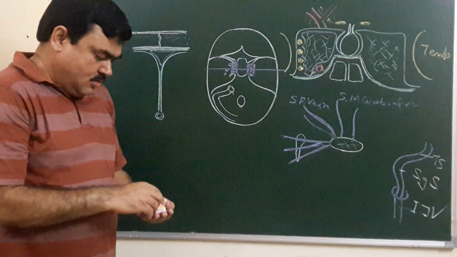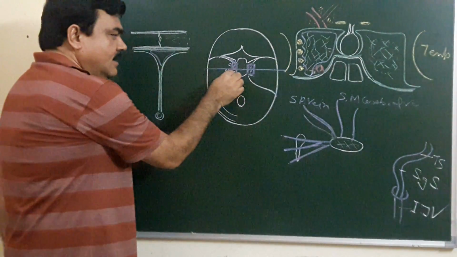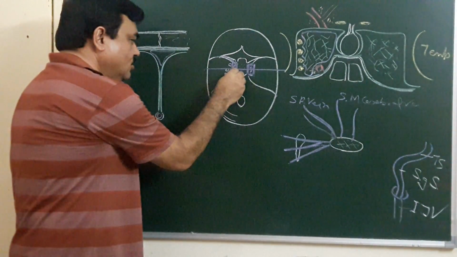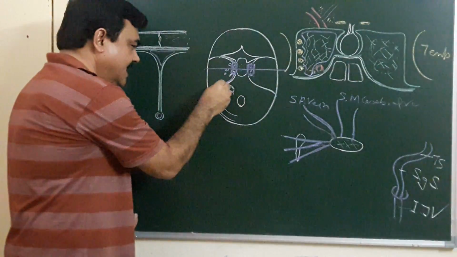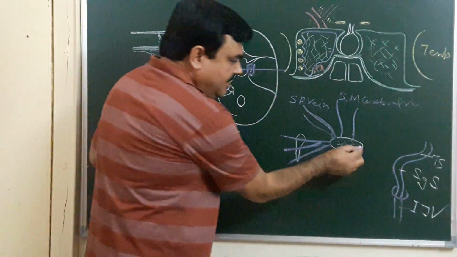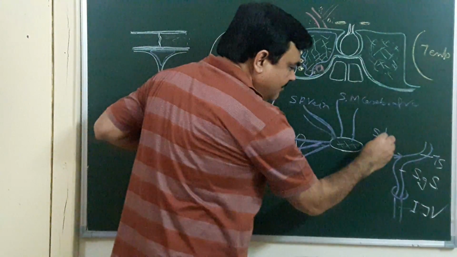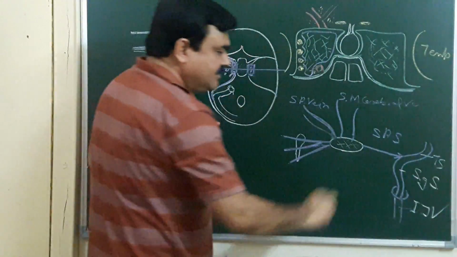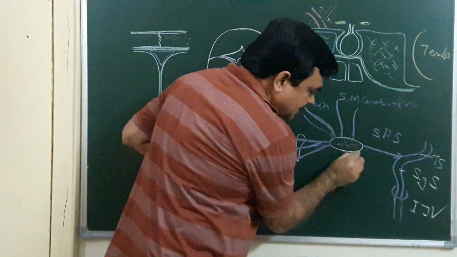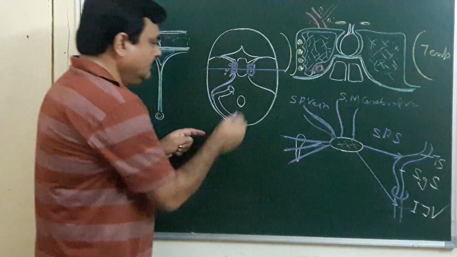Now the communicating channels from here. The superior petrosal sinus opens into the transverse sinus. Here is the inferior petrosal sinus, which opens into the internal jugular vein.